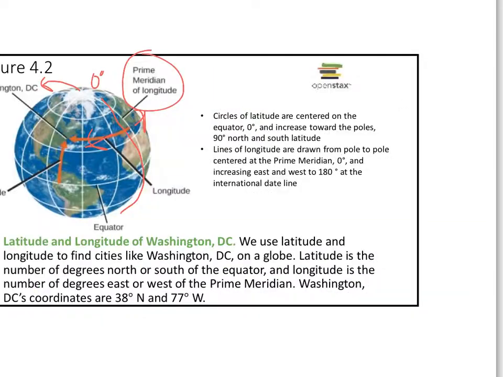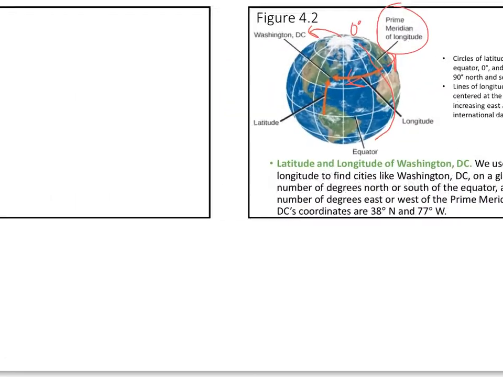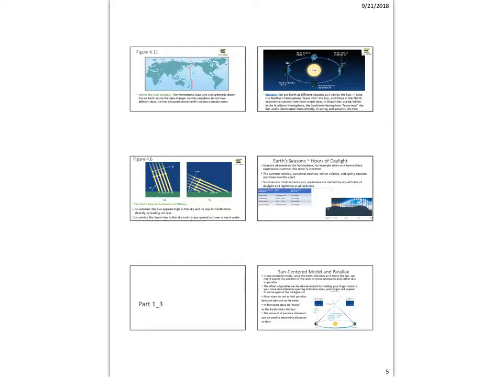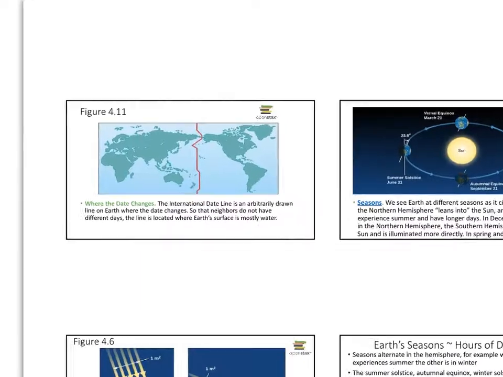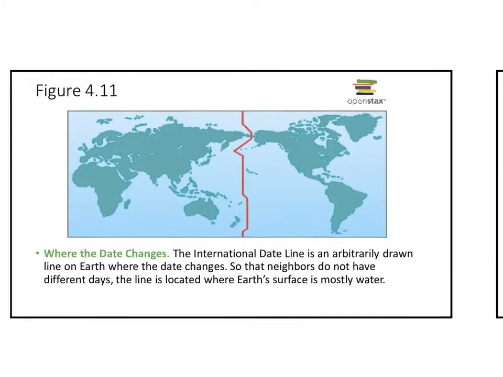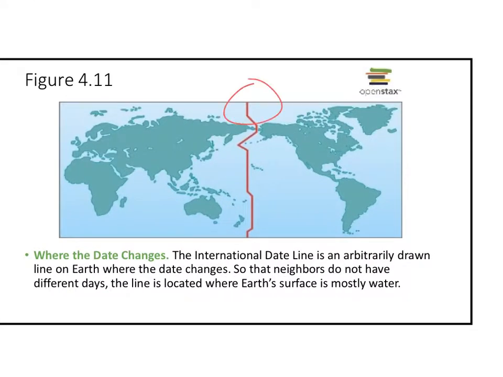I think I have a picture of that coming up. So the longitude starts, and it sweeps around and back here. Here you're looking at 180 degrees west and 180 degrees east. I hope that makes sense. Let's take a look at that.